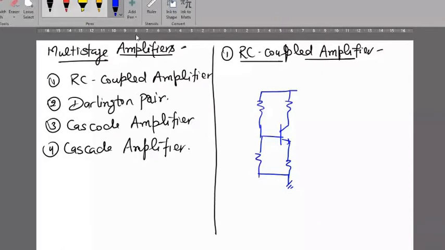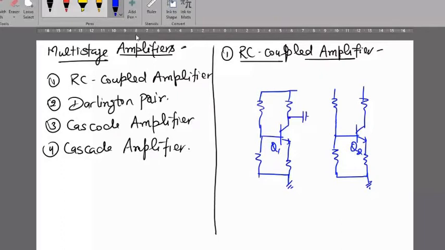Sir, potential divider biasing. Very good. Transistor Q1, transistor Q2: the output of Q1 is taken and applied to the input of another transistor, Q2.